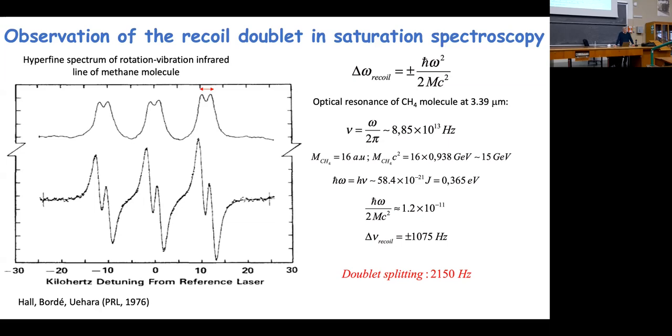Here I am talking about the experiment which will measure the velocity of light with a precision of 1 part in 10 to the 9.